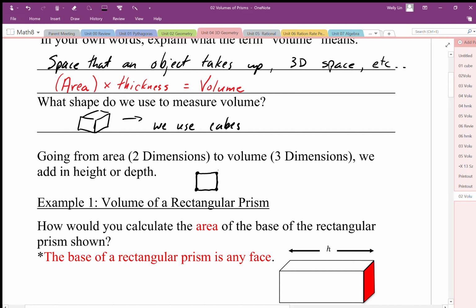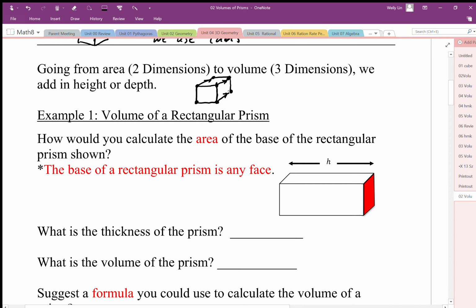So what we're doing from last unit to this unit is we're going to start with this square area, and we're going to extend this area 90 degrees in another direction to give it volume. So we take every corner of that area and we extend it in a direction of thickness, and that gives us volume. So when we think of volume, we think of it as area, and we're giving that area some thickness.